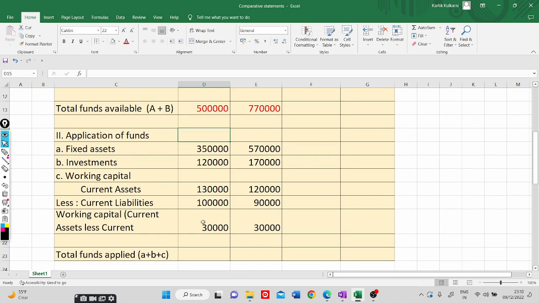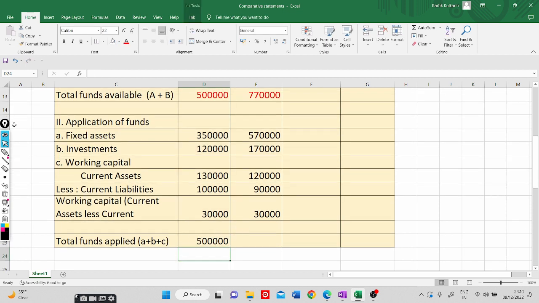Similarly, we will take the total of fixed asset, that is 3,50,000, investment, that is 1,20,000, and working capital, that is 30,000: 3,50,000 plus 1,20,000 plus 30,000.